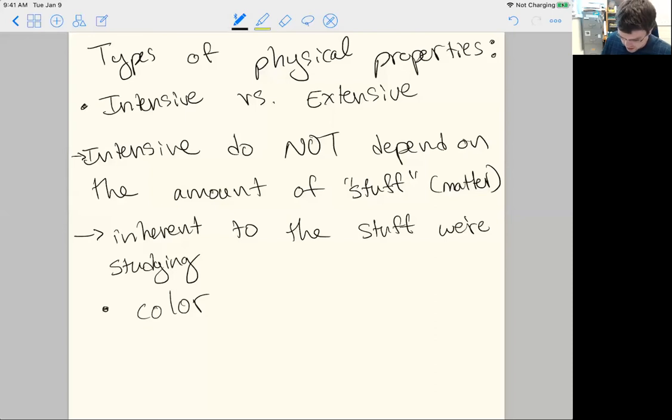Another big one is density. Now, density we're going to get to in a second, but density is a really interesting one because it is inherent to the type of matter that we're looking at and doesn't change with the amount of matter that we have.